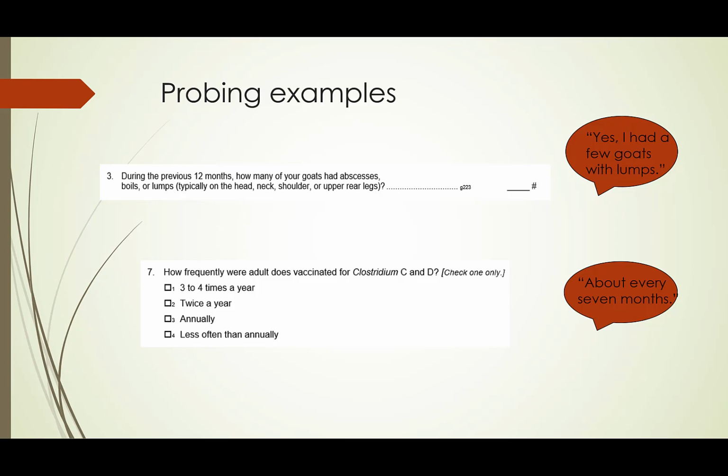During the previous 12 months, how many of your goats had abscesses, boils, or lumps? We're looking for a number, and they say, yes, I had a few goats with lumps. That's not the format we want. So that's an appropriate time to probe and say, how many would you say that was? You don't want to suggest numbers. If they said a few, you don't say, does that mean 3? You just ask them to clarify.